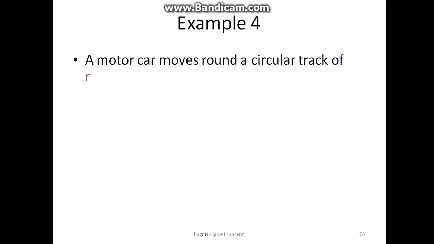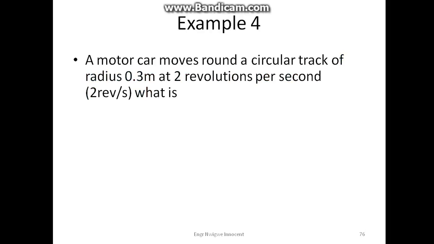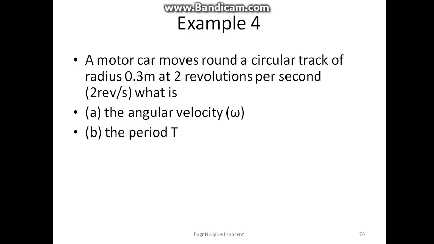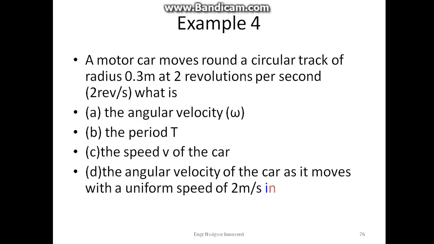Example 4. A motor car moves around a circular track of radius 0.3 meter at 2 revolutions per second. What is A, the angular velocity omega, B, the period capital T, C, the speed v of the car, D, the angular velocity of the car as it moves with a uniform speed of 2 meters per second in a circle of radius 0.4 meters.